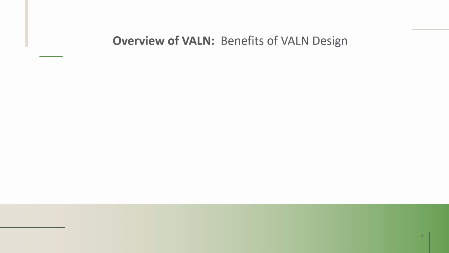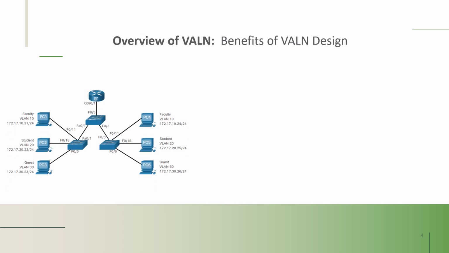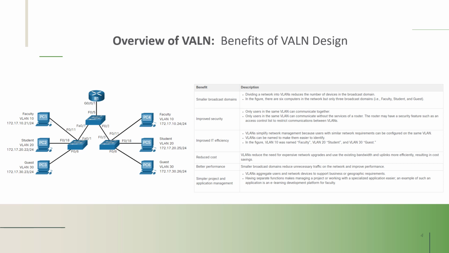Hierarchical network addressing means that IP network numbers are applied to network segments or VLANs in a way that takes the network as a whole into consideration. Blocks of contiguous network addresses are reserved for and configured on devices in a specific area of the network, and it is even shown here in this figure. And there is a table about the benefits and the descriptions for the VLAN.